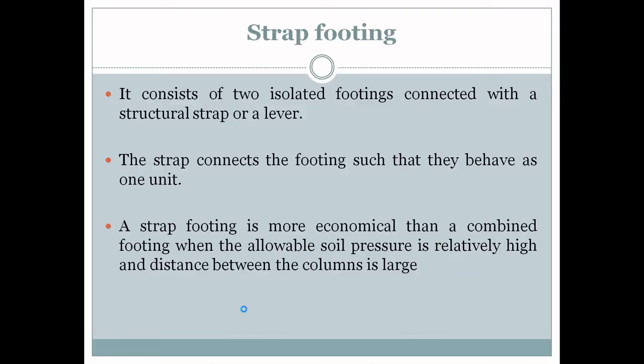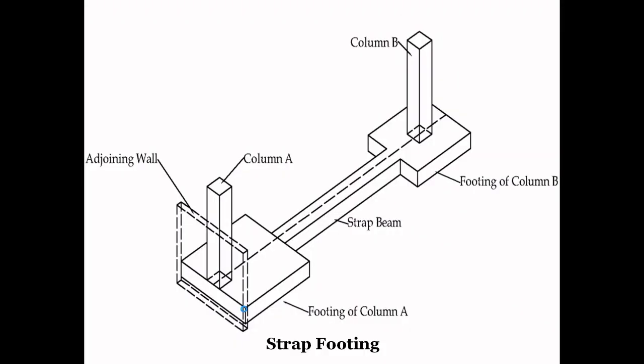Next is strap footing. A strap footing is when two or more footings of individual columns are connected by a strap or beam. What is strap footing? When two or more column footings are connected by a strap, it is known as strap footing.